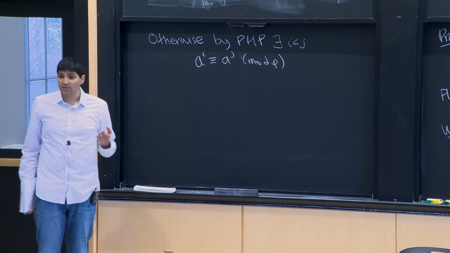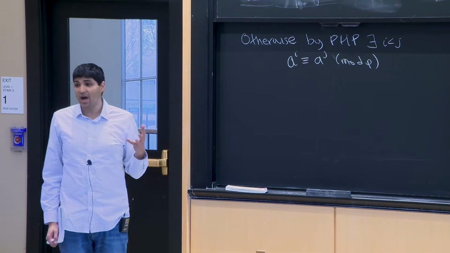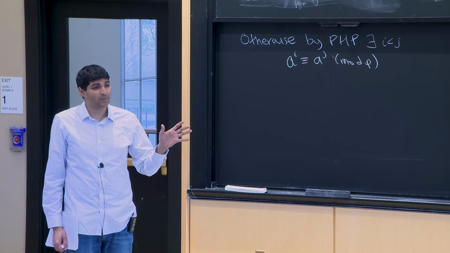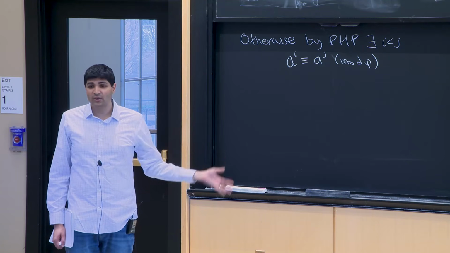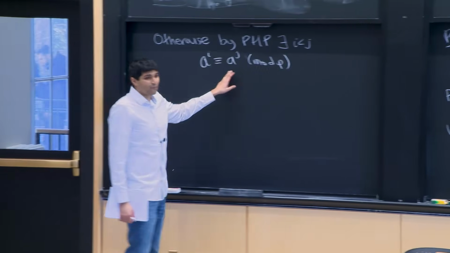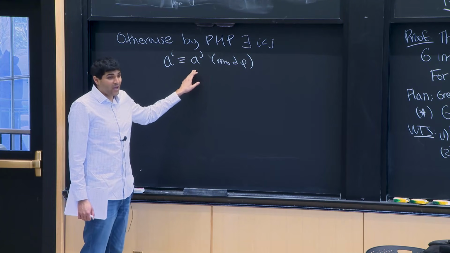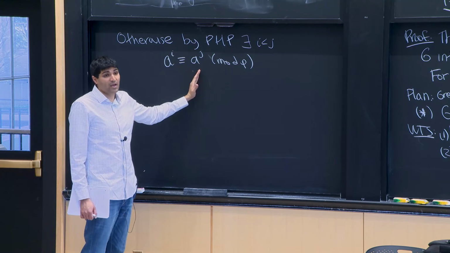So what I'm going to do is start off with A, raise it to different powers, and stop at the first power where what I get is congruent to 1 mod P. Let's suppose I never stop. What if I just kept going? Well, there are only so many values for what the remainder when I divide by P can be. And eventually, when I consider high enough powers, I must be getting some kind of collision, right?